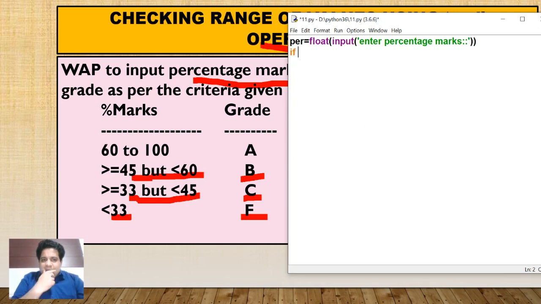Now the first condition. If percentage marks is between 60 and 100, how will you write? If per greater than or equal to 60.